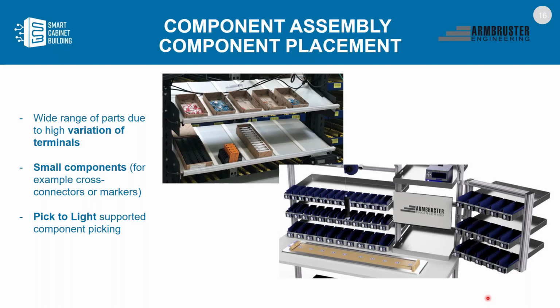And again, you see the pick to light. So we have to build it up very narrow to place all the pick to light modules, because we want to guide the worker to pick the right parts, although it's this high number of parts.